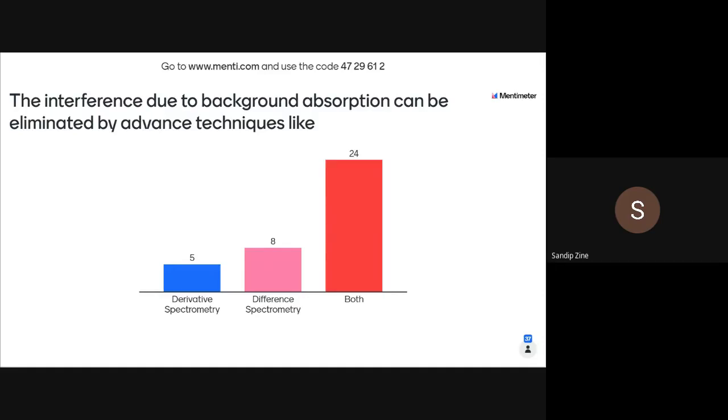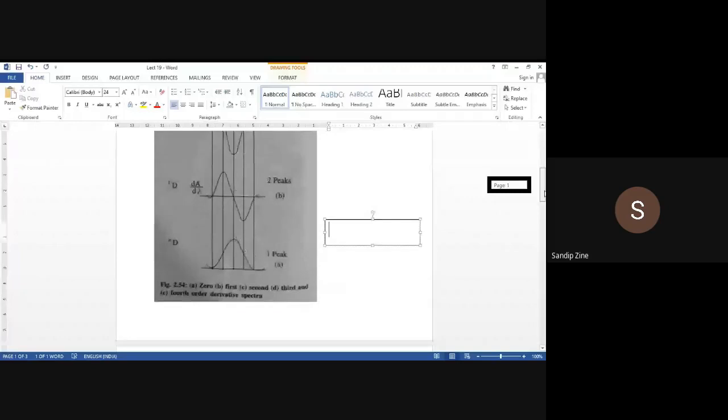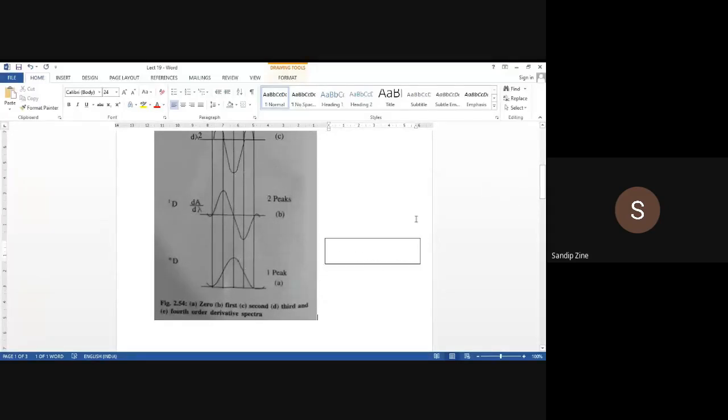So I just stop sharing of whatever poll results and I share one image so that you will understand exactly what is derivative spectrometry. So if you observe over here, are you getting screen, students? Are you able to see exact graph over here?